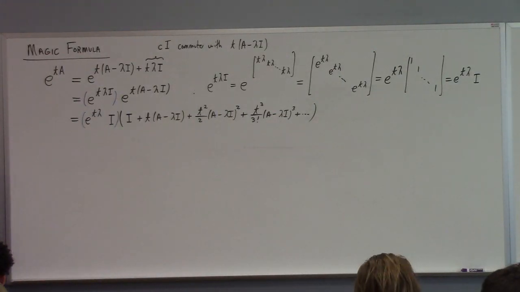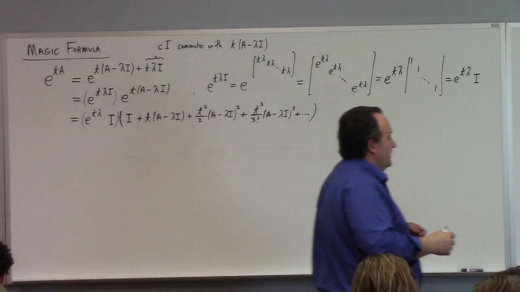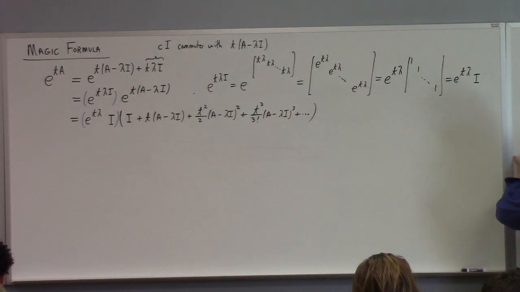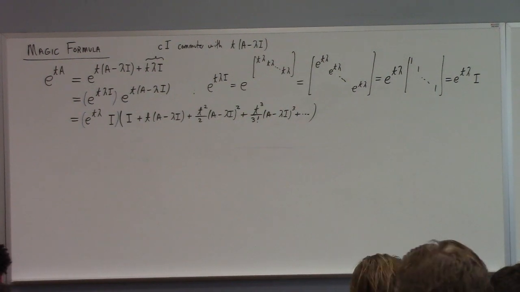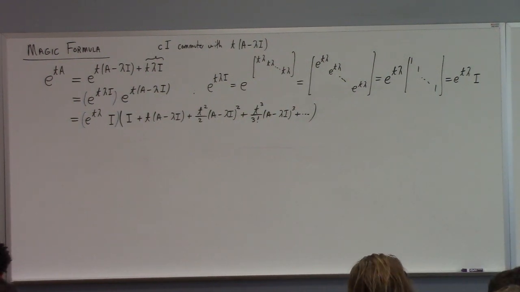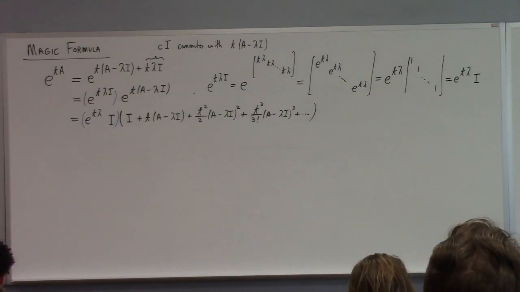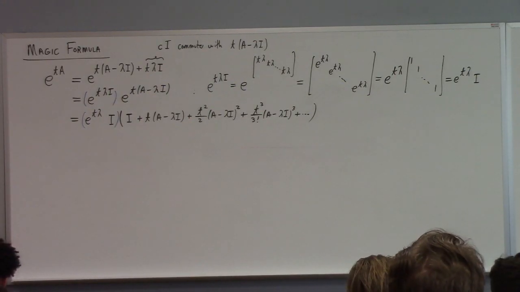All right. Let me record this formula over here for our future use. We have that e to the tA is equal to e to the lambda t times the identity matrix plus t times A minus lambda I plus t squared over 2, A minus lambda I squared, plus t cubed over 3 factorial, A minus lambda I cubed, and it goes on.